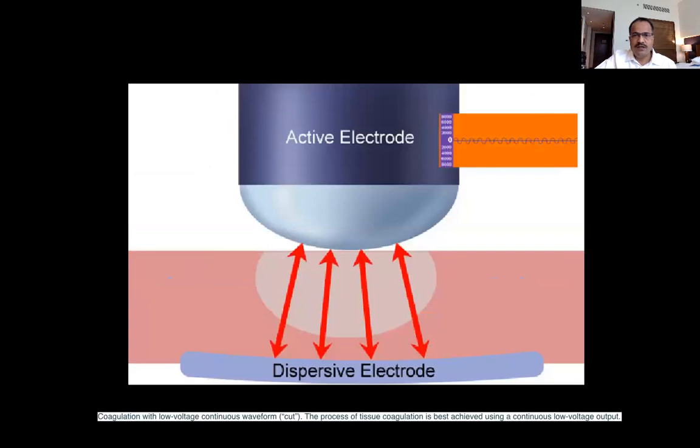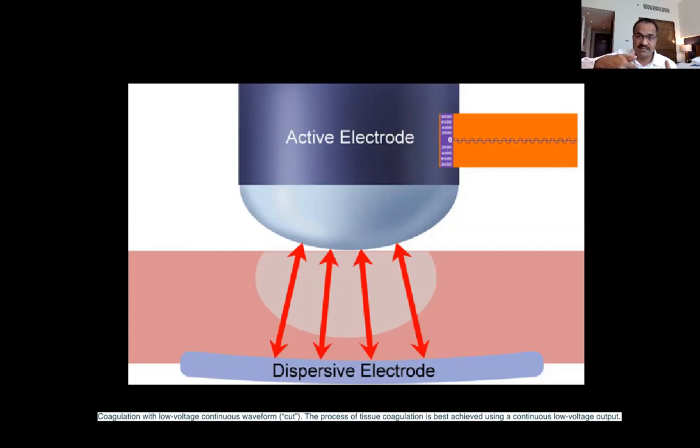Now if you see the low voltage current, continuous low voltage current given, it will spread uniformly. And here the probe is touching the tissue. When you touch, it depends upon whether you use the sharp end or the flat end. If you use the flat end, but the current is cut, even then it will coagulate, it will form a coagulum.